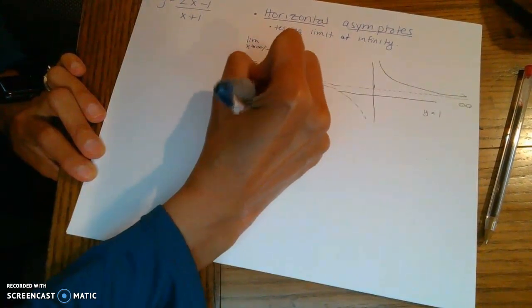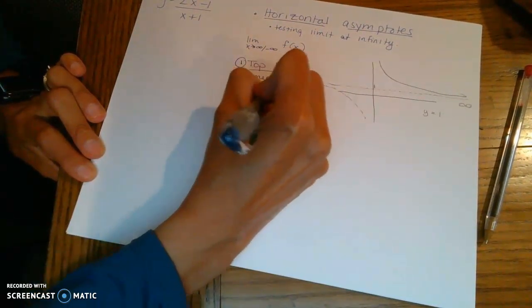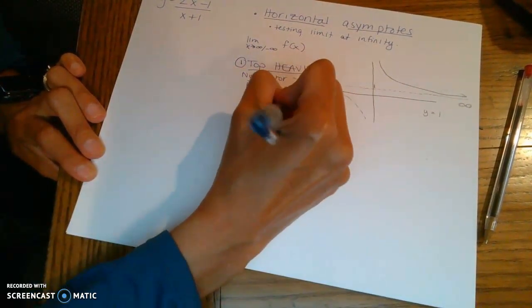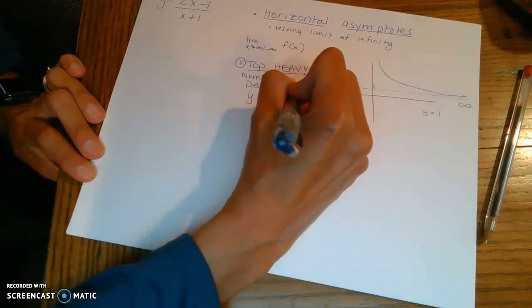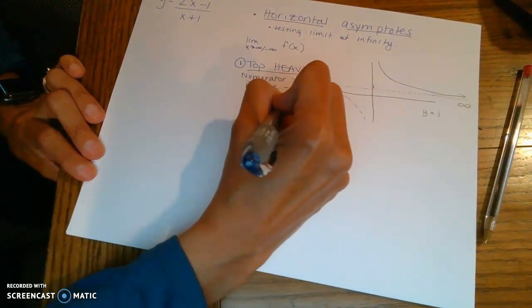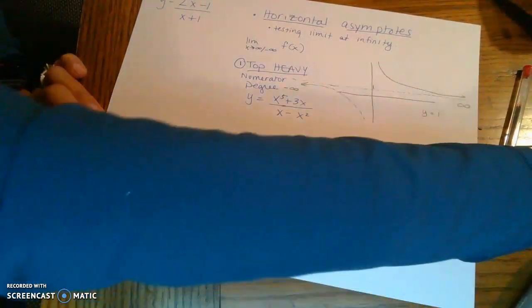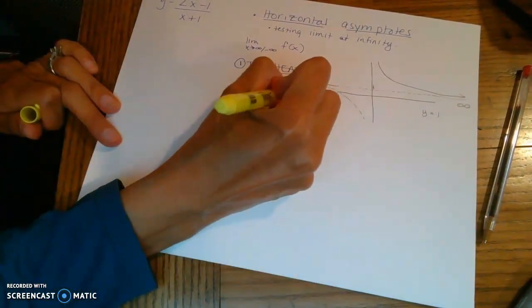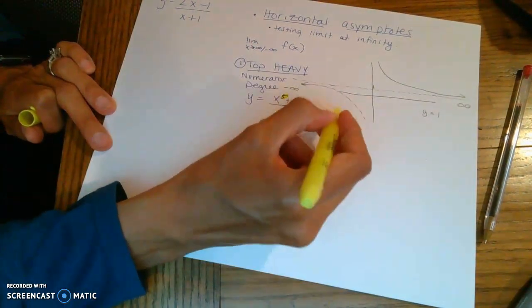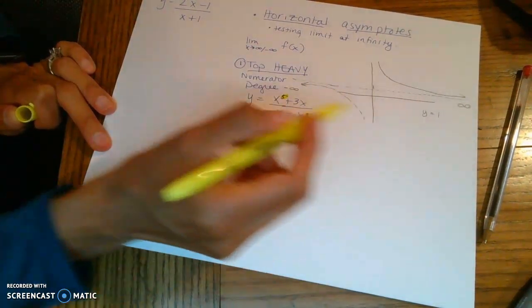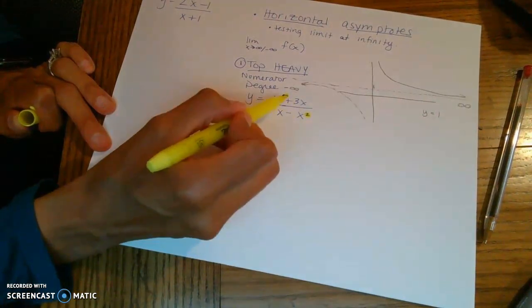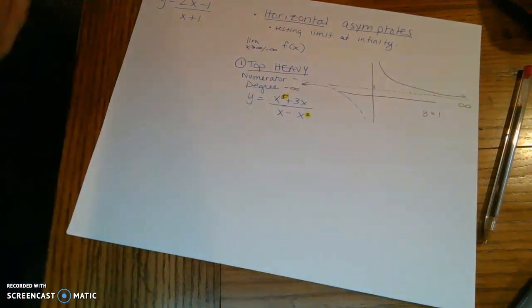So for example, if you had y equals x to the 5th plus 3x over x minus x squared, the largest exponent in the numerator is 5, and the largest exponent in the denominator is 2. The largest is at the top, so this is considered top-heavy.